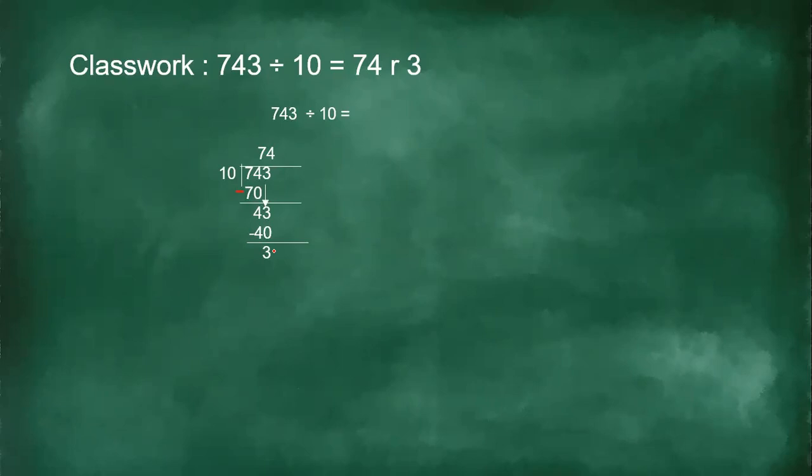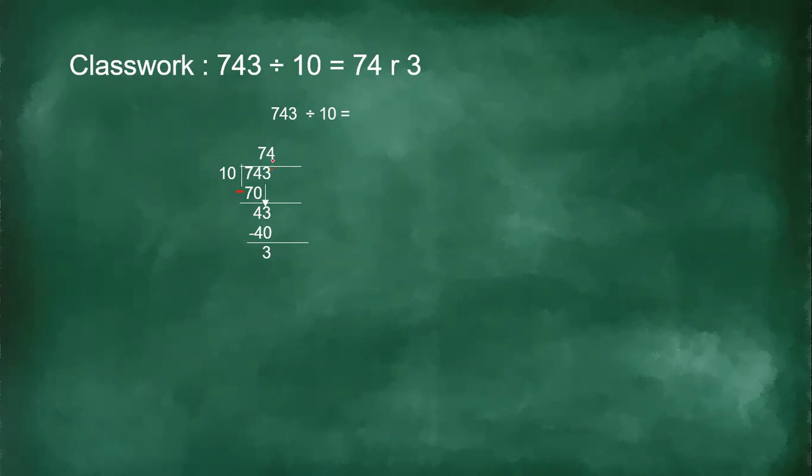I put that underneath, and then I took the 4 and put it on top by the 7, and then I saw you can't divide 3 by 10, so then I wrote the remainder 3.